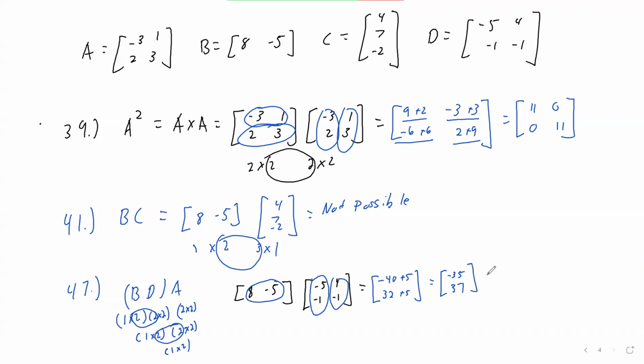Now I can bring in A, which is [-3, 1; 2, 3], and it's going to be row by column. Oh, I gotta pay attention to my own work.